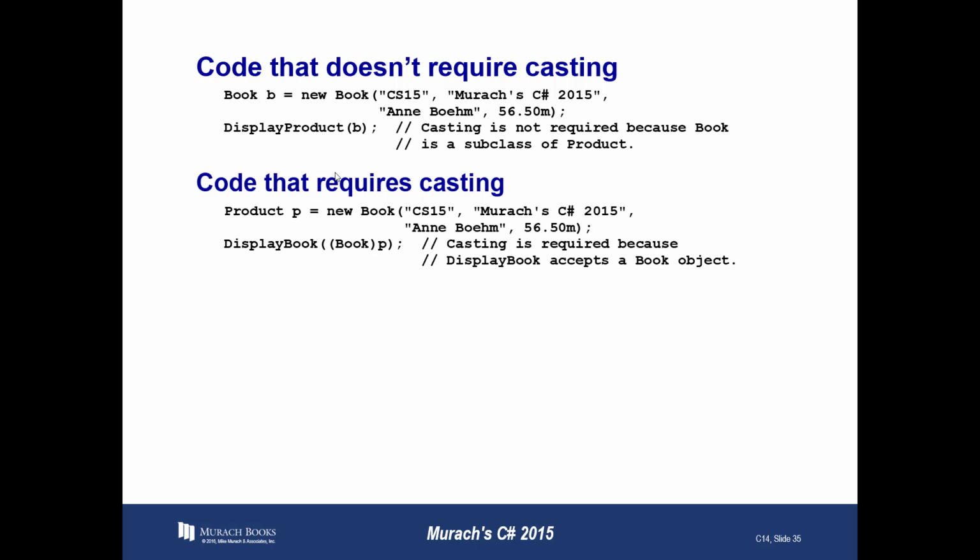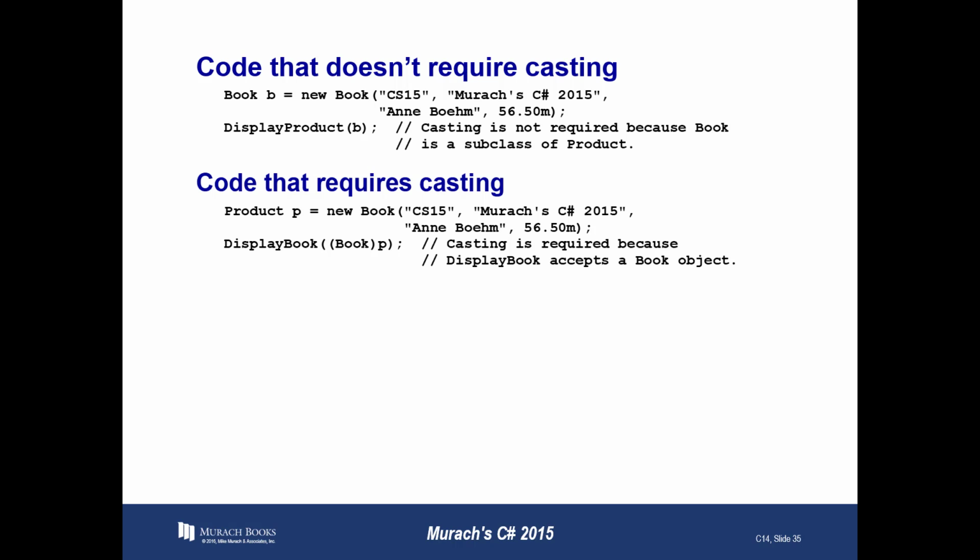Another confusing aspect of using this is knowing when to cast types. All right. C# can implicitly cast a subclass to its base class. What that means is you can use a subclass whenever a reference to the base class is called for.